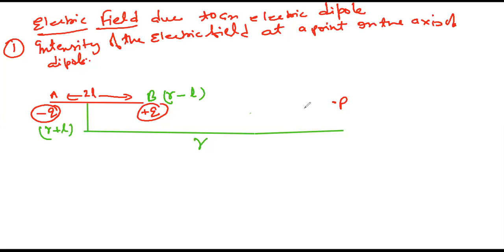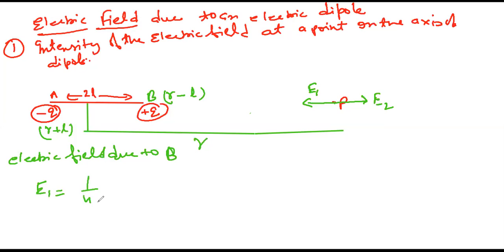Electric field due to A will be E1, and electric field due to B will be E2. So first we'll find out electric field due to B. So it will be E1, equal to 1 by 4 pi epsilon naught, value of charge is Q, distance is R minus L whole square.